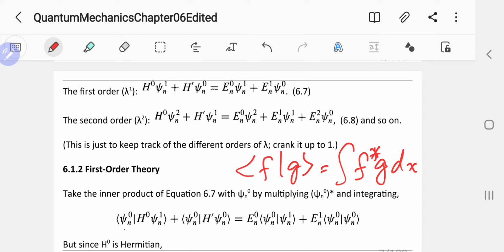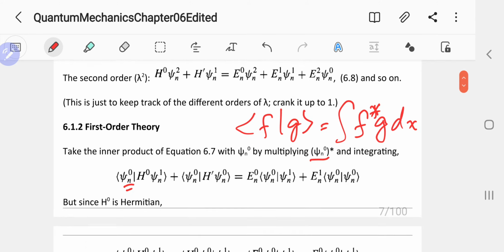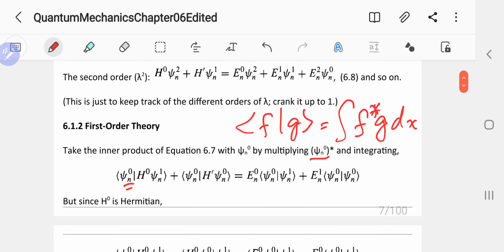So here this is actually phi n0 star, this one. So we get the inner products of them. We have, of course, our original Hamiltonian is Hermitian.